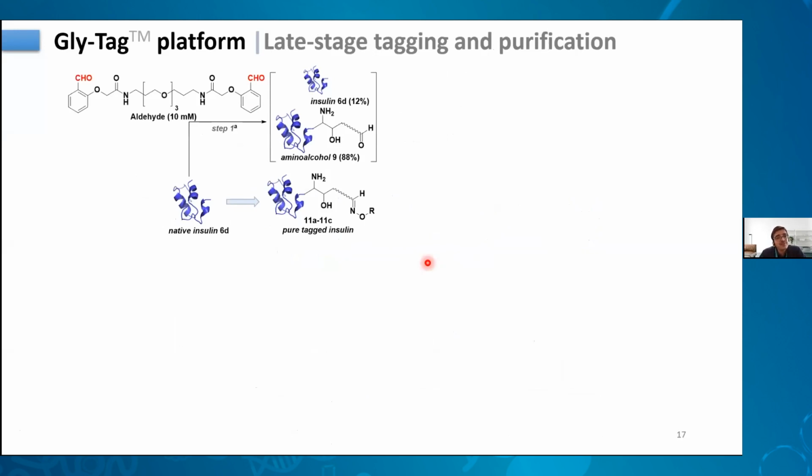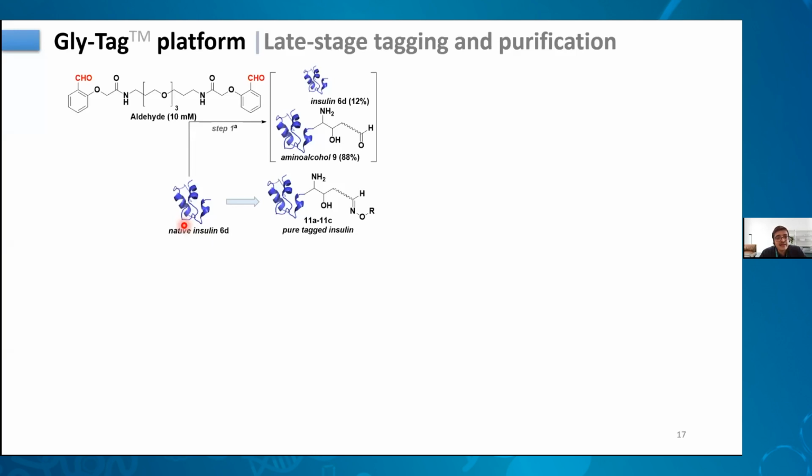So for that purpose, we had to redesign the Gly-tag reagent a little bit. We made this a symmetric molecule. And now if you take a protein like insulin that has two chains, one would have N-terminus phenylalanine and the other one would have N-terminus glycine.